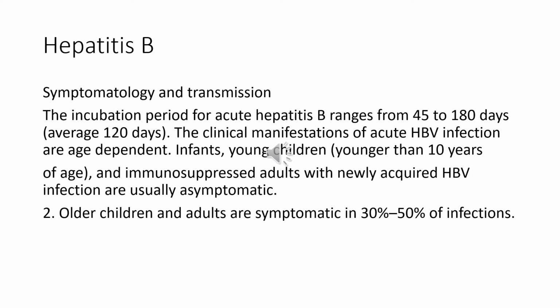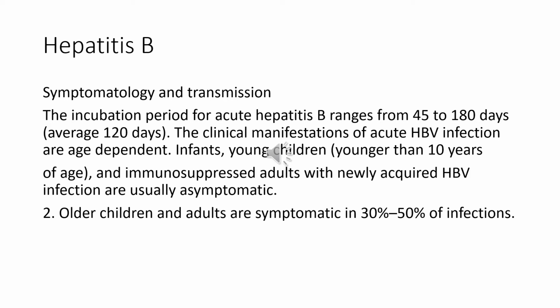Infectious symptomatology and transmission. The incubation period of acute hepatitis ranges from 45 days to 6 months, 180 days, that is 1.5 months to 6 months. Average 120 days, that's 4 months.